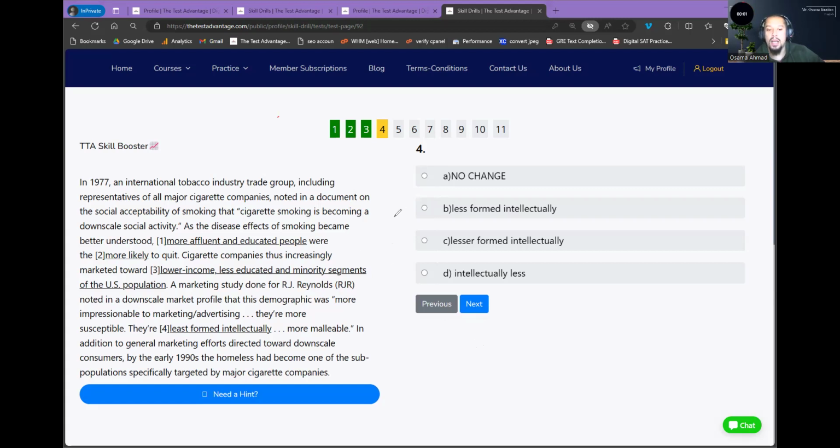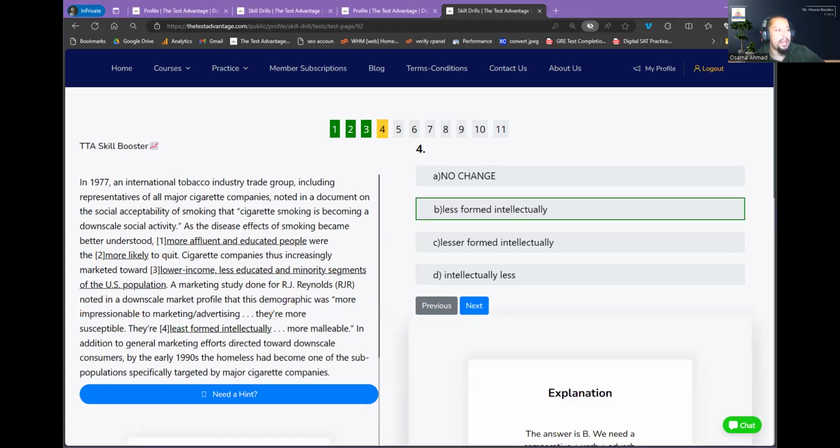Omar, did you read the text or not? No. Okay. But from the first until more impressionable, more susceptible, we use comparative, more or ER, or less, not least. You should look at the parallelism of sentences. Okay, so make sure you find support for your answer. Let's try number 5.